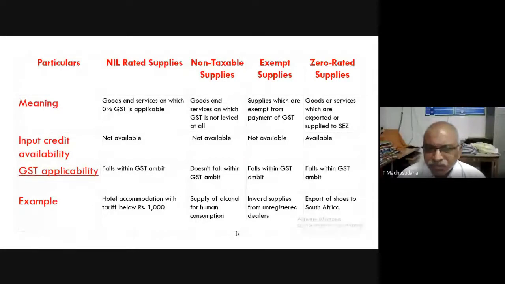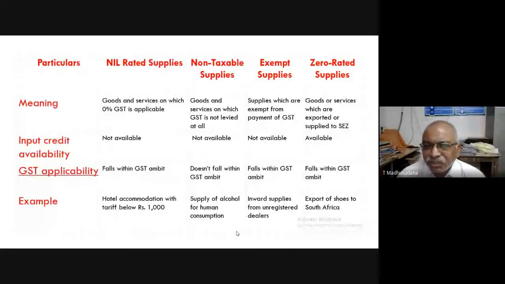And exempt supplies means the supplies which are exempt from payment of tax. On these supplies you need not pay the GST. They are exempted supplies.